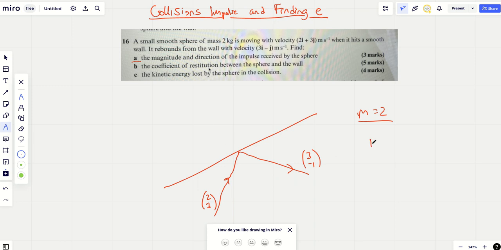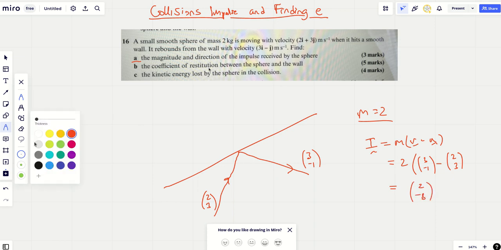Now, that's easy to do, because I is simply m times v minus u, which works perfectly in vector world, so we just do 2 times 3 minus 1 minus 2, 3, and that's going to give you 2 minus 8, yeah? And so let's draw that on a diagram in a different colour. It's going 2 across, 8 down. So that's the all-important impulse.